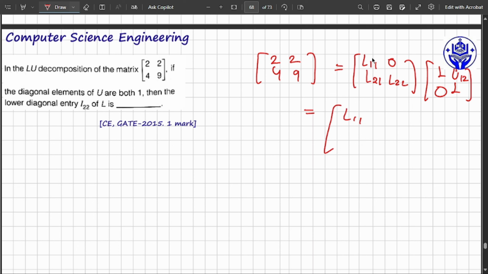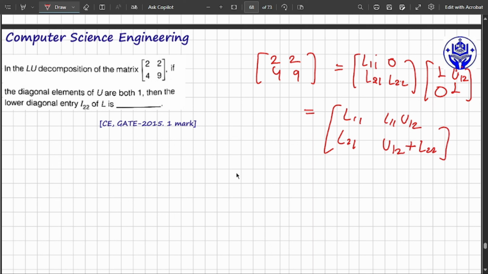It will be L11, this will be L11 into U12, and this will be L21, and this will be L21 U12 plus L22.